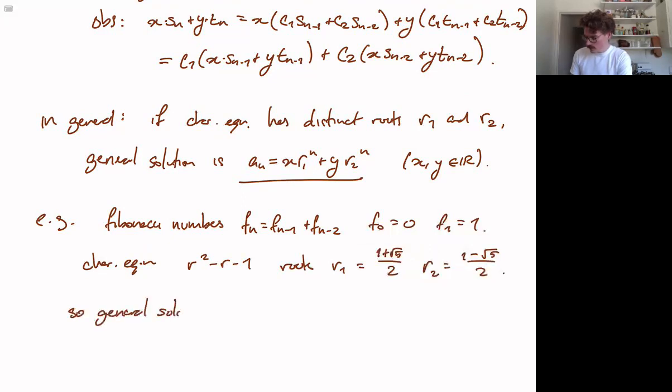So the general solution is, well, let me say f n equals x times 1 plus root 5 over 2 to the n plus y times 1 minus root 5 over 2 to the n.